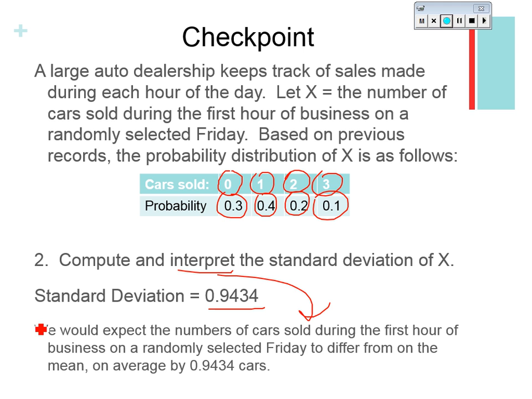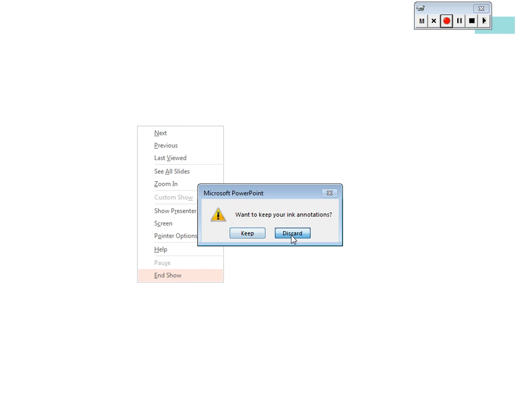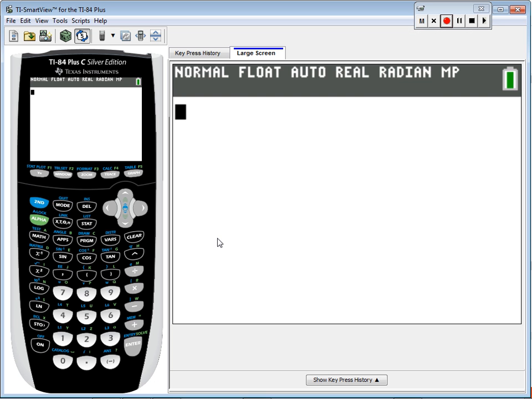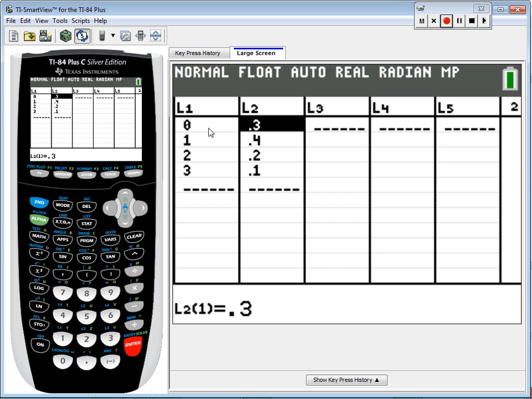In terms of how you do this on your calculator, let me pull this out here and come back to your calculator. To get the mean and the standard deviation on your calculator, first I go to Stat, then Edit. This is the checkpoint question we just did, so I'm going to put the X values in L1, and each of their corresponding probabilities in L2.